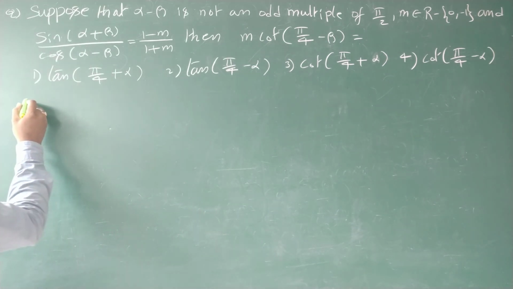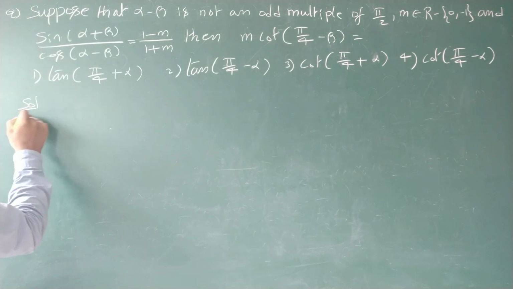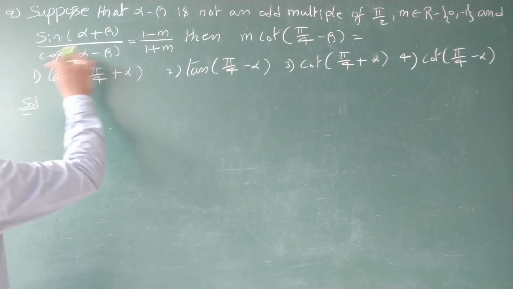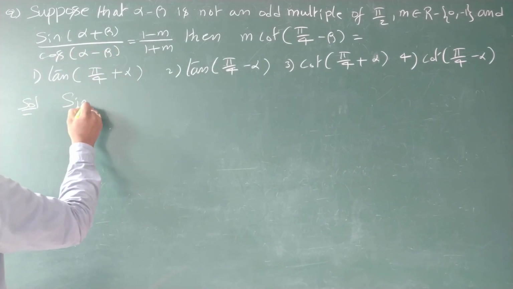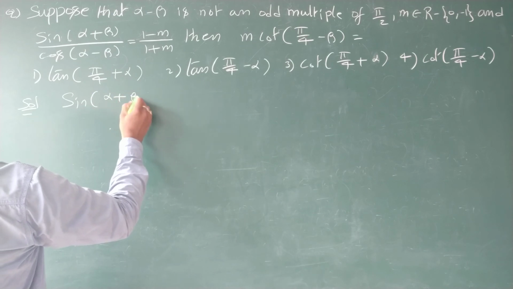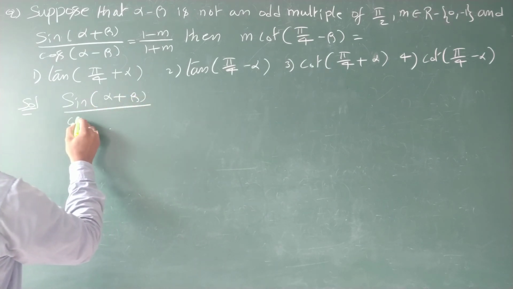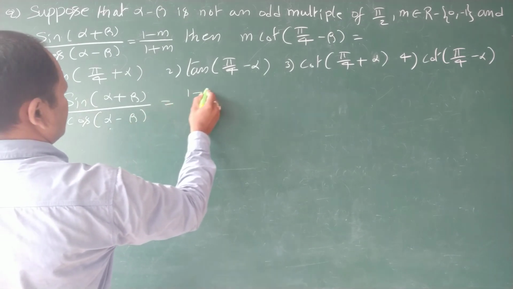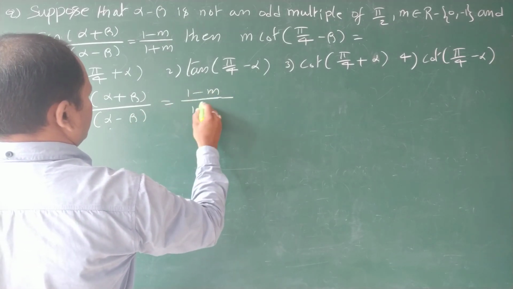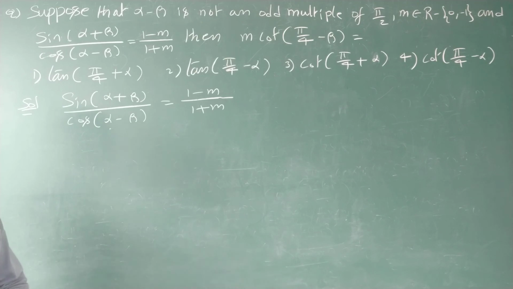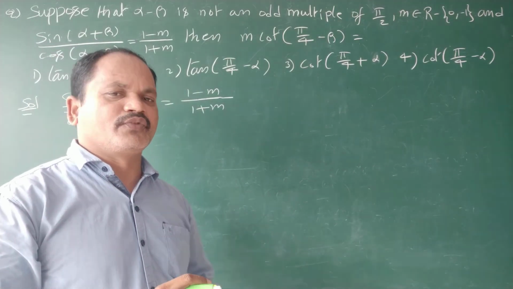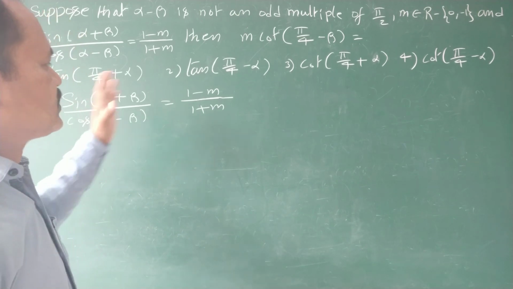So, solution for this question: take the equation sin(alpha plus beta)/cos(alpha minus beta) is equal to (1 minus m)/(1 plus m). By using the componendo and dividendo form, we have to do this question.